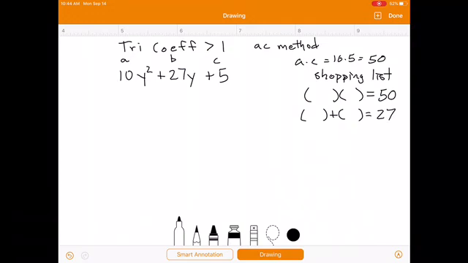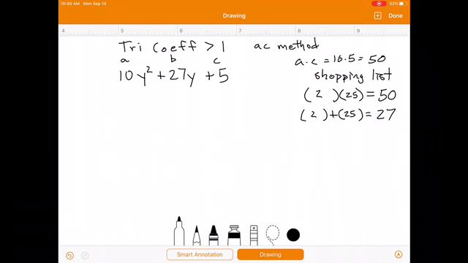So what two numbers would do that for us? You might try 5 and 10, but you notice that that doesn't work. So you've got to try something else. Suppose we consider 2 times 25. That should work, and it does. We found the guys that we need from our shopping list.